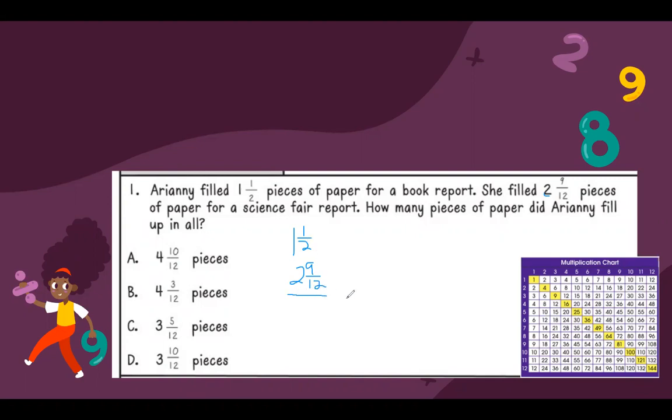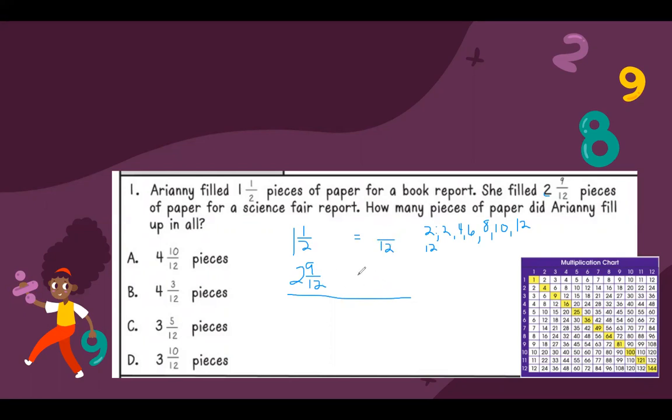You could do the writing out all the multiples of 2 and 12, and you would have 2, 4, 6, 8, 10, 12. Okay, you're going to say, oh, look, that's the same. So 12 is going to be our common denominator.